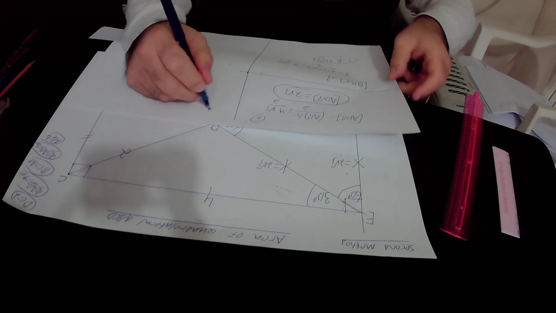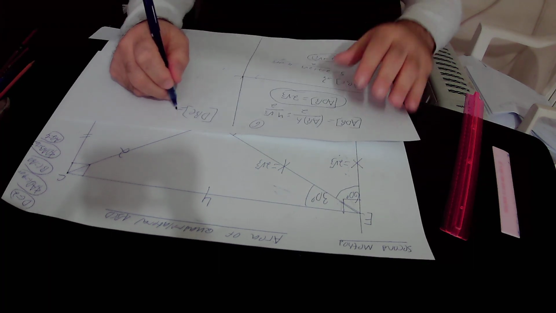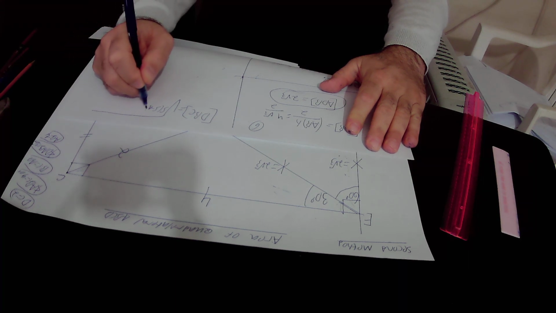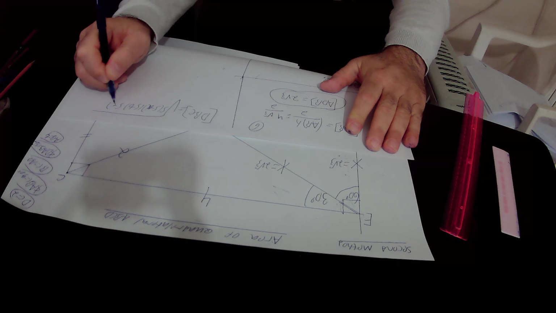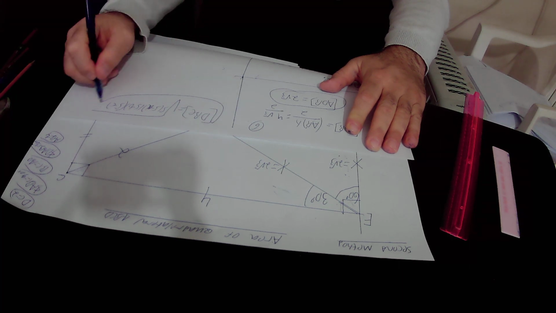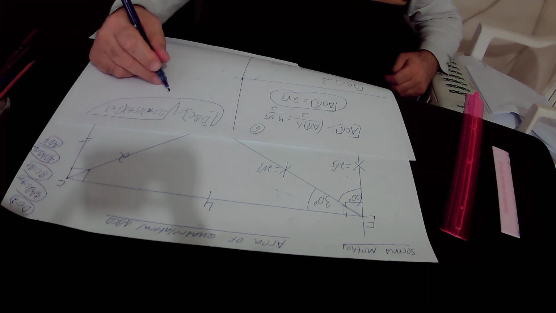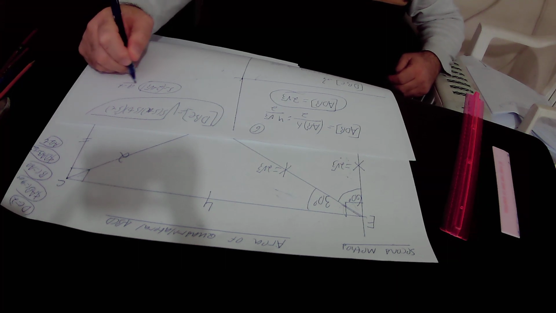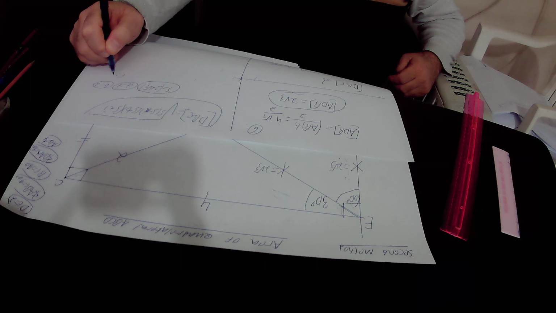And the area of triangle DBC will be equal to the square root of S times S minus A times S minus B times S minus C. Here S is the semi-perimeter, and the semi-perimeter equals 2 plus square root of 3 units, and A equals 2, B equals 2, and C equals 2 times square root of 3.